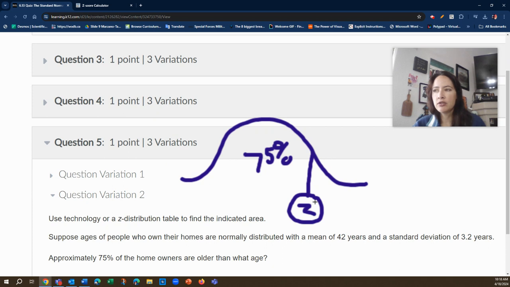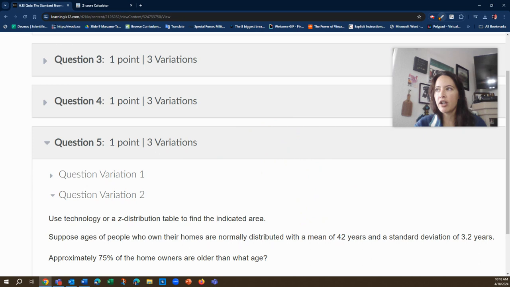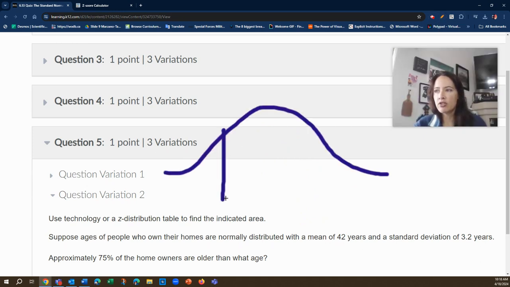But it's still backwards, because that z-score is backwards, so this won't work. Sorry. Ignore me. You need this. So draw your picture correctly. You want 75% to now be shaded over here.